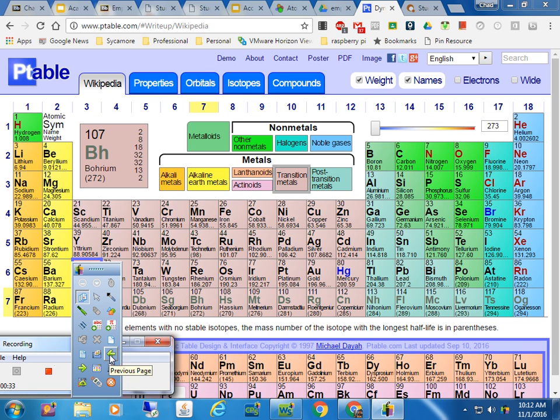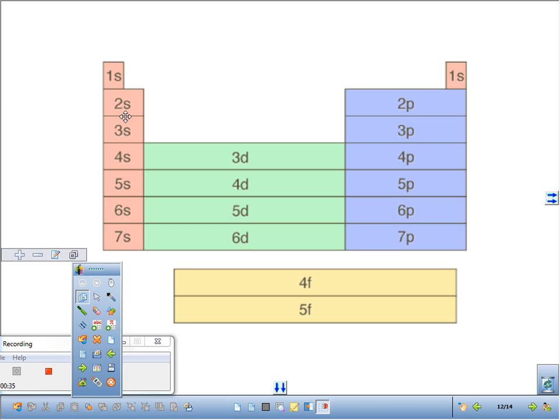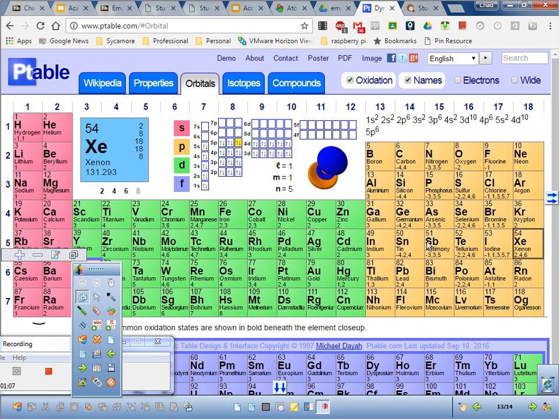So what I would do is 1s2, then 2s2, 2p6, 3s2, 3p6, then 4s2, and then 3d10, and then 4p6, and then 5s2, and then 4d10, and then to get to 50, if we double check here, it would end at 5p2.